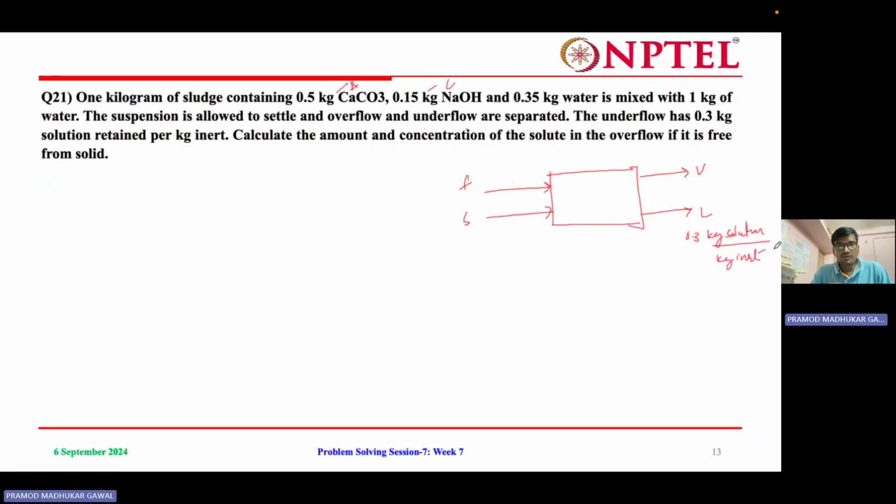So calculate the amount and concentration of solute in the overflow if it is free from the solid.